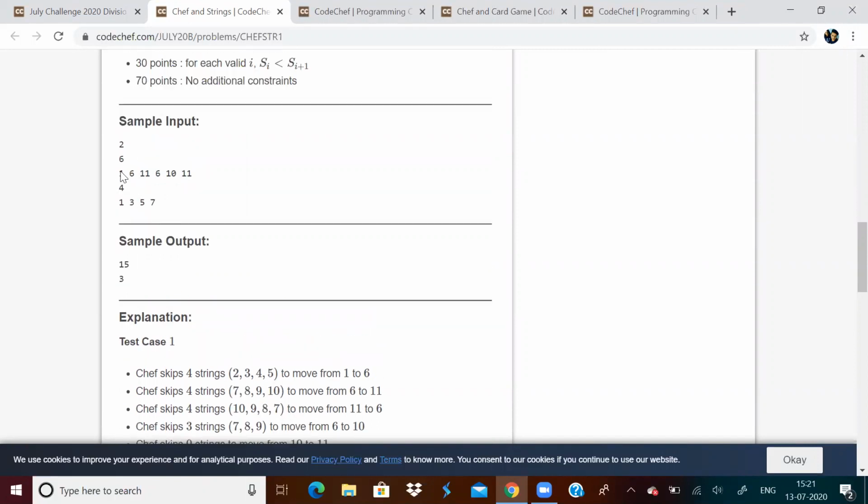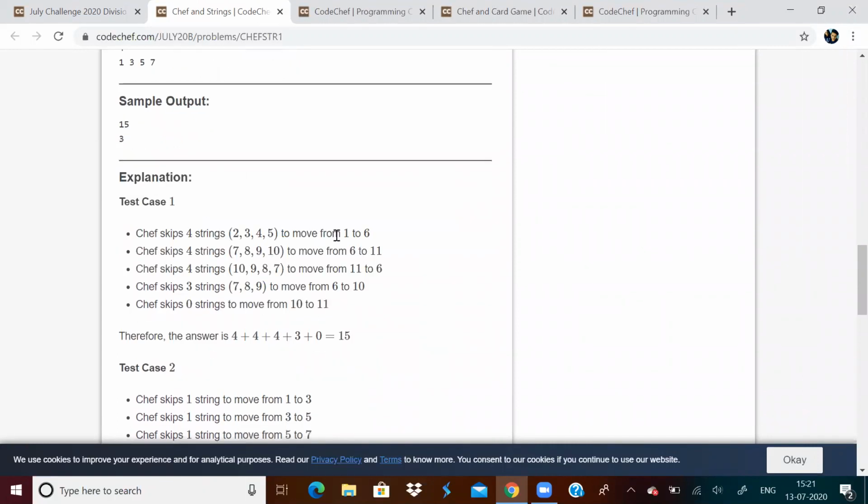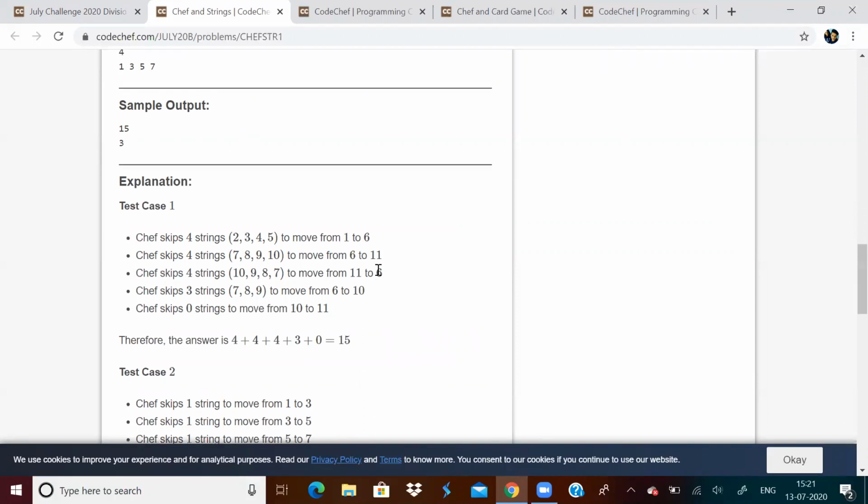Okay, so for the first test case, the answer is 15, and we get it like 1, 6, 6 minus 1, minus 1, 11 minus 6, minus 1, 11 minus 6.